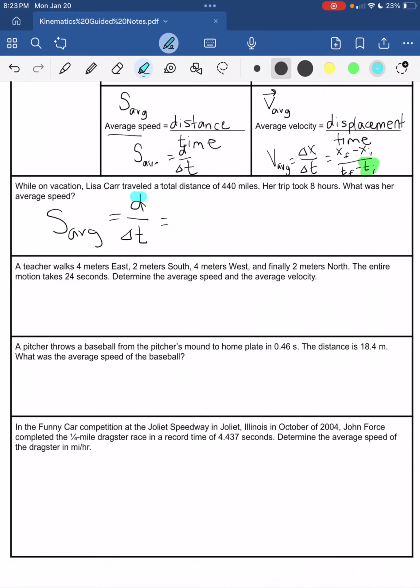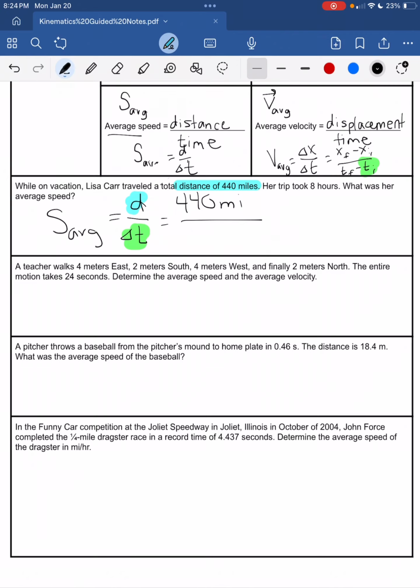So distance in blue. She traveled a total distance of 440 miles. 440 miles, abbreviation for miles is MI, over or divided by the change in time. So let's highlight that in green, the change in time. So we're going to put time final minus time initial.